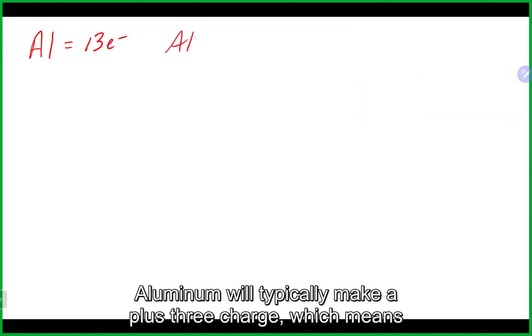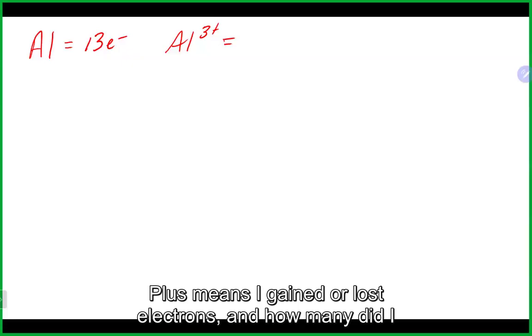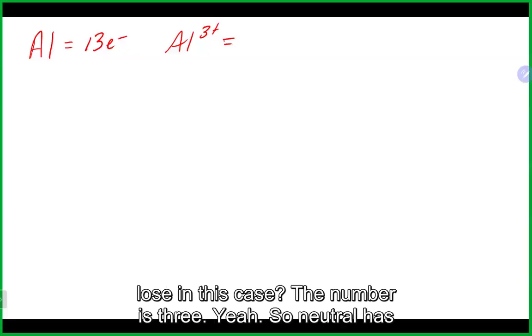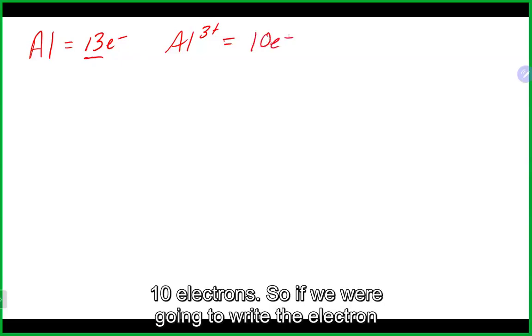Aluminum will typically make a +3 charge, which means how many electrons should that guy have? Plus means I gained or lost electrons. And how many did I lose in this case? The number is 3, yeah? So if neutral has 13, the one with +3 should have 10 electrons.